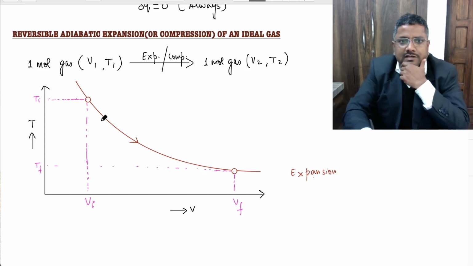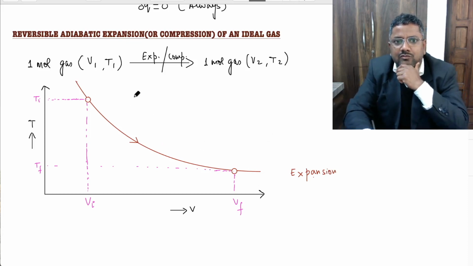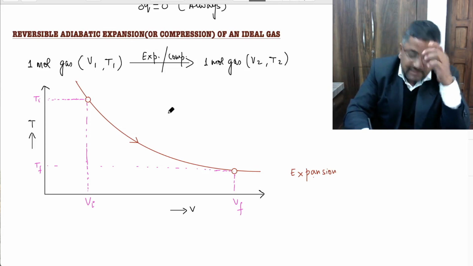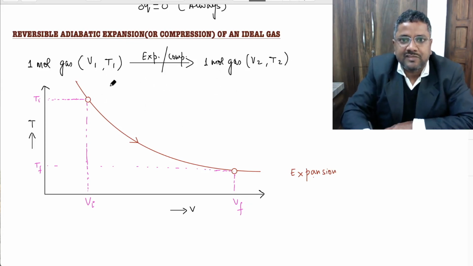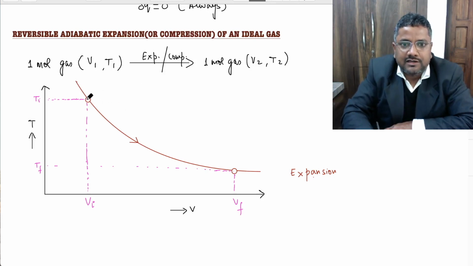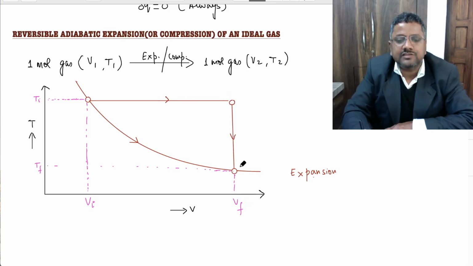So how to move, how to design, how to achieve this path, and how to explain this. So see, you can take a step like this, this is a constant temperature. So T constant from here to here, and after that V is constant, and T is changing.